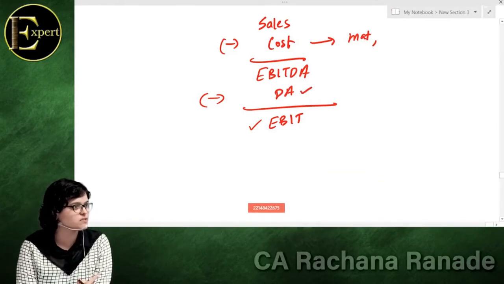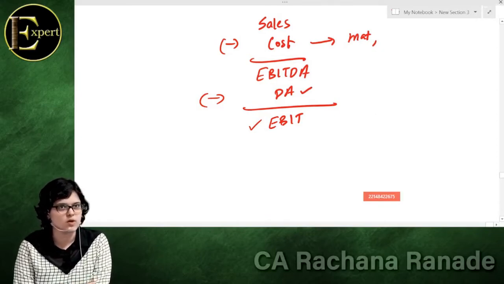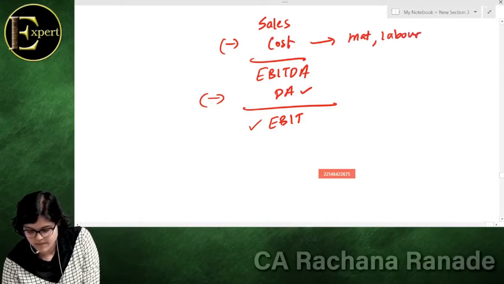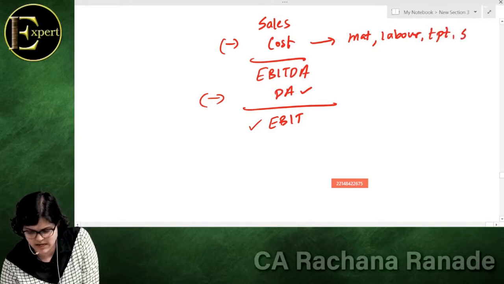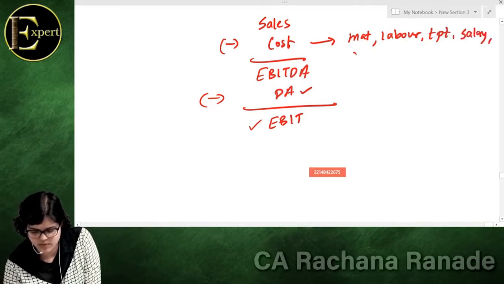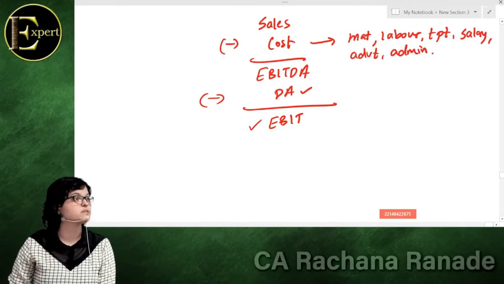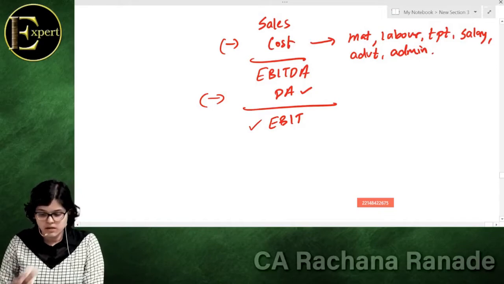That will come here, depreciation and amortization. So your material, your labor payment, your transportation, salary, advertisement, other admin expenses. Can I say these are all the expenses that are required to run my business?